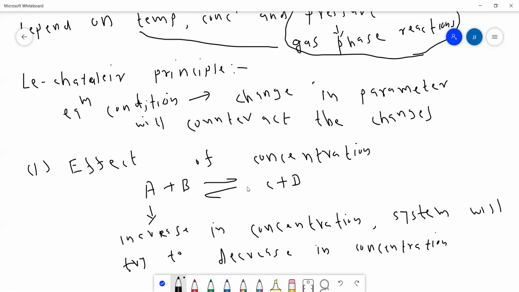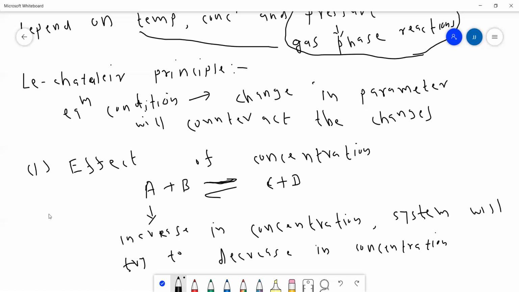So what will happen? How will the concentration of A reduce? The equilibrium will shift in the forward direction, because it will try to reduce the concentration of A.